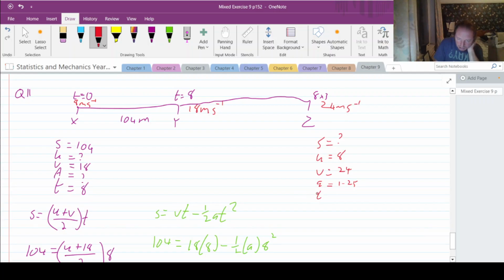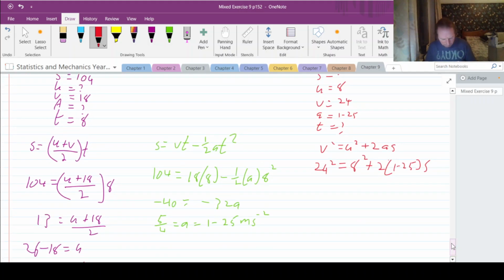And the time we don't know, so we need the equation with no time in it, which is v squared equals u squared plus 2as. So 24 squared equals 8 squared plus 2 times 1.25s.